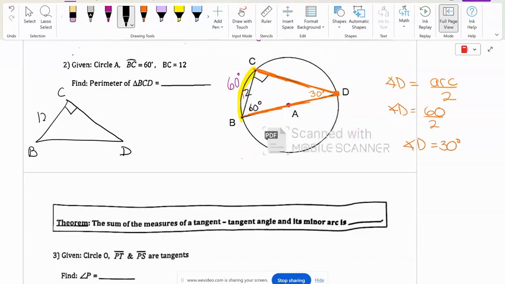So they told us BC is 12 units long, angle D is 30, angle B is 60. Well, we need to remember that in a 30, 60, 90 triangle, across from the 30 is x, across from the 60 is x root 3, and across from the 90 is 2x.